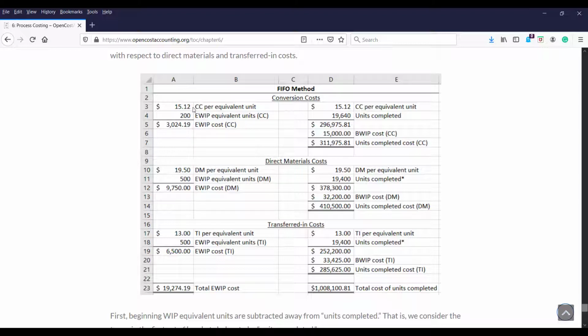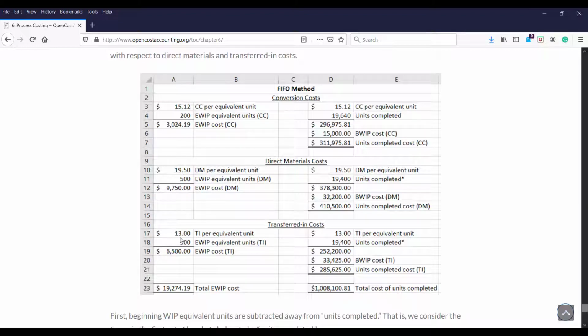So we have our conversion cost rate of $15.12 times the equivalent units with respect to conversion costs, which gives us our conversion cost ending WIP cost. We have a rate for direct materials, $19.50, multiplied by 500 equivalent units in ending WIP. That gives us our ending WIP direct materials cost of $9,750.